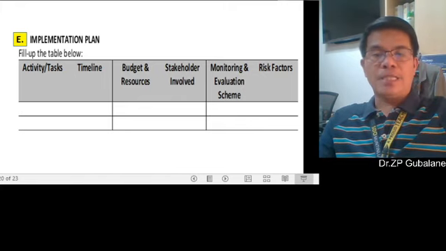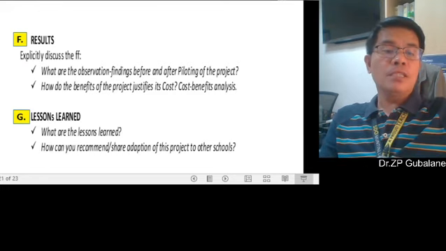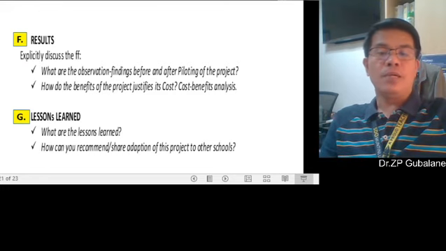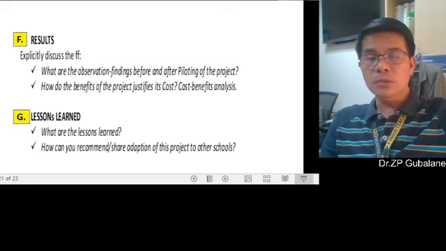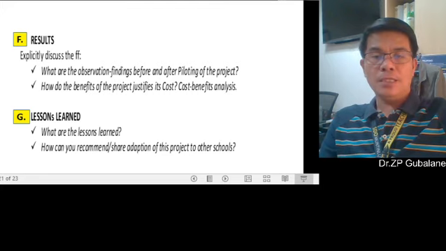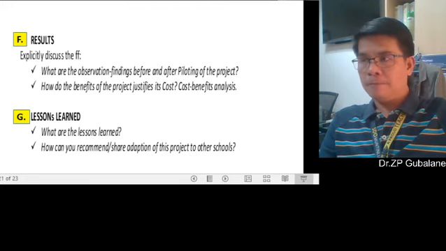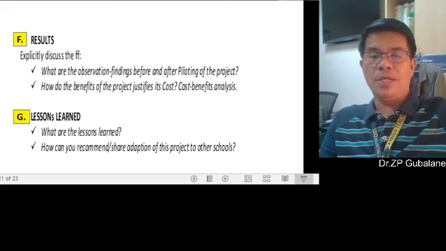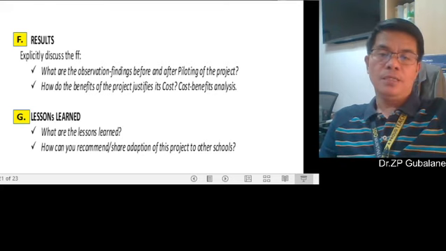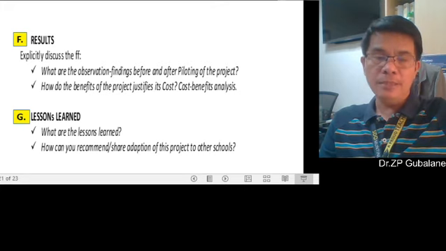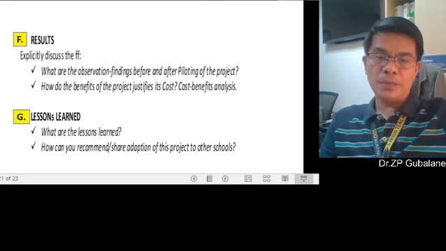Just present. Now, the result. Explicitly discuss the following. Ano ang naging resulta so far? Pag sinabing result, it is actually a report already, kasi the activity has been implemented or the project has been implemented.